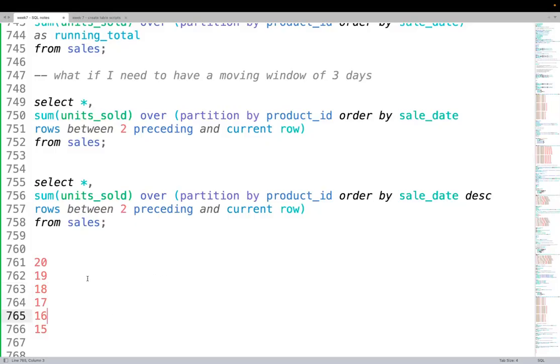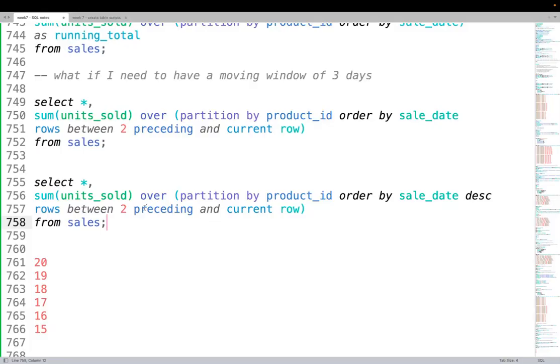So now, if someone asks us what is the sale for the last 3 days, will you look up or will you look down? You will look down, right? That means you will say rows between current row and two following, right?